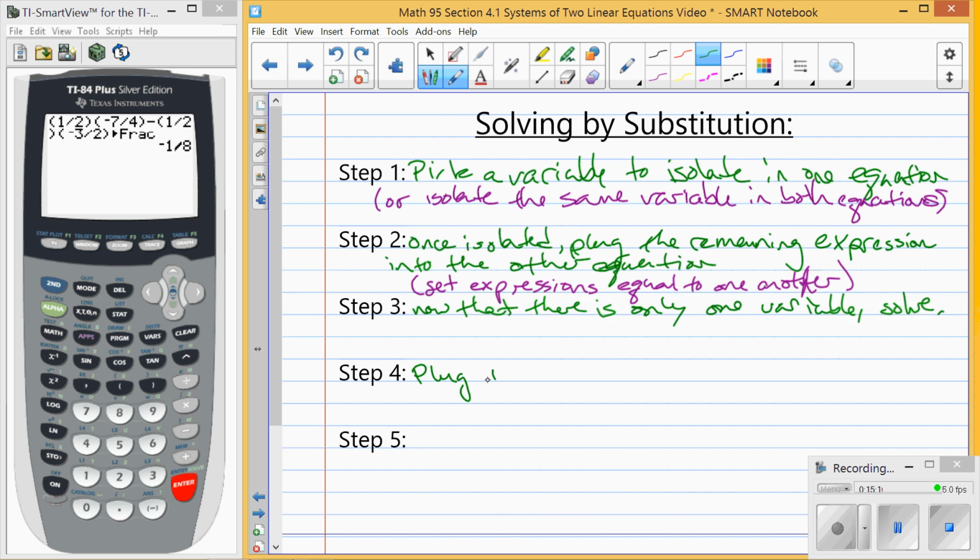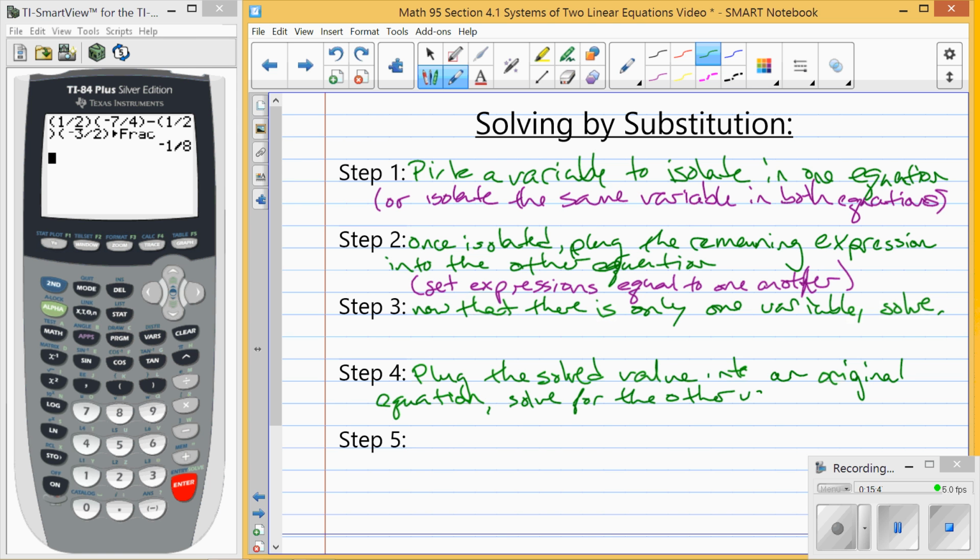Plug the solved value into the original equation. Pick one, doesn't matter. So I could say into an original. Solve for the other variable. And then, of course, check in both equations.